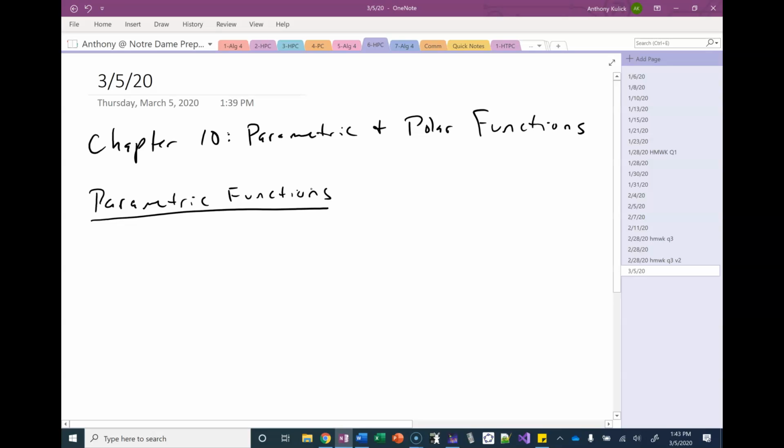So let's start by defining what we mean by a parametric function.